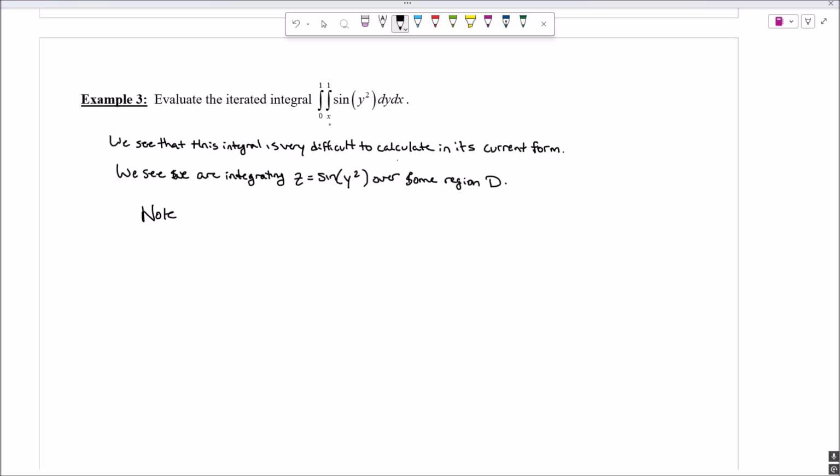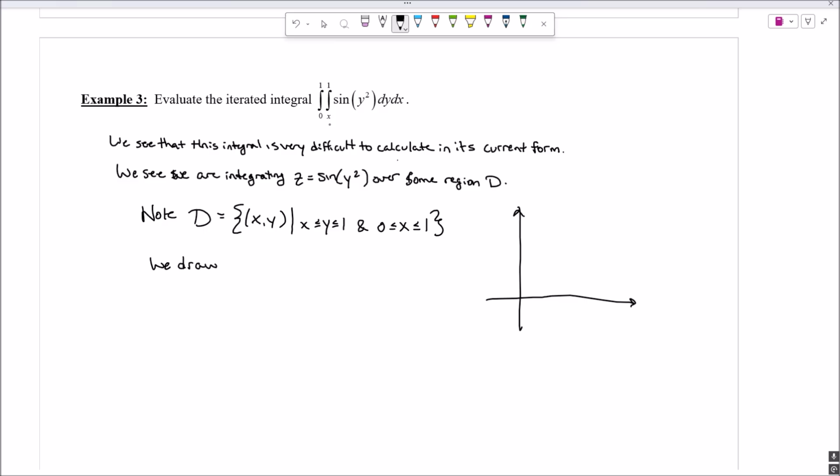D is going to be some region in the xy plane, a collection of xy points. The bounds x to 1 are on my first integral, which means these are bounds on the variable y. So y is bounded between x and 1, and from the outer integral, x is bounded between 0 and 1. So D has been communicated to me, but I'm interested in what D would actually look like. So I'll say we draw a picture of D.